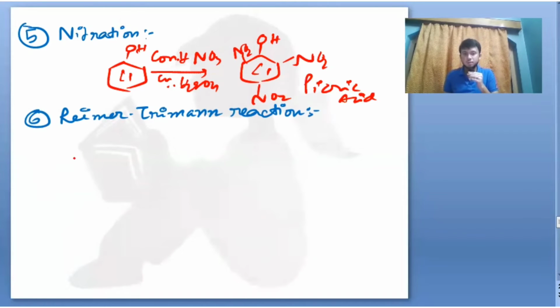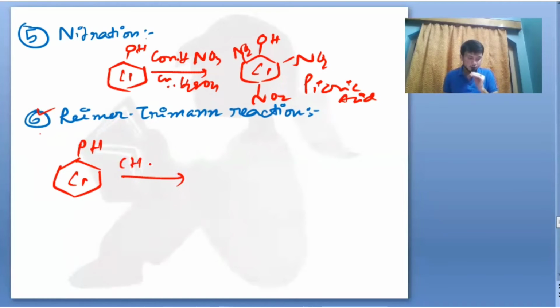So there are two very important reactions. That is the Reimer-Tiemann reaction, and next we will be reading our Kolbe's reaction. So let's see first the Reimer-Tiemann reaction. If we give it this reagent, CHCl3 and KOH, what does it give us?